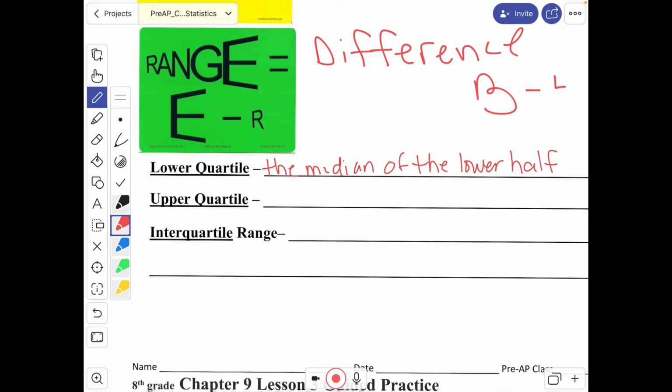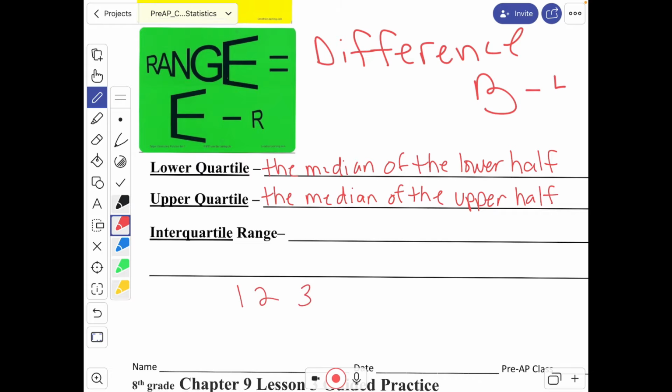So if you put all the numbers in order and you find the median of the entire set, and then you divide that in half again. And the upper quartile would be the median of the upper set, upper half.